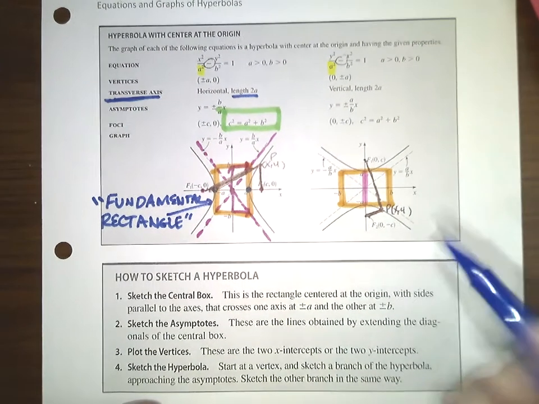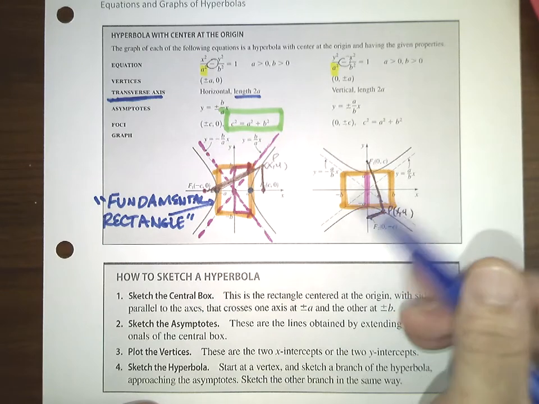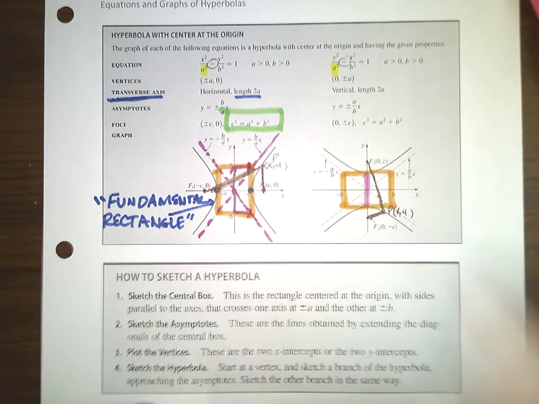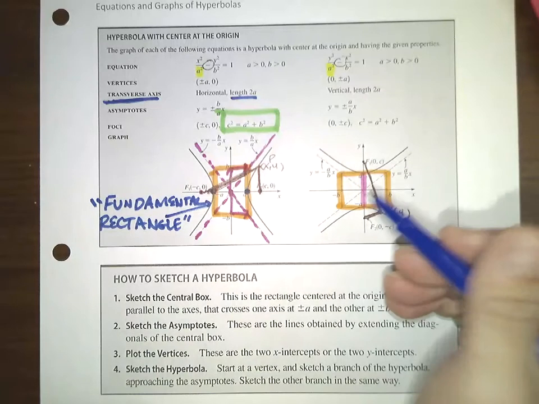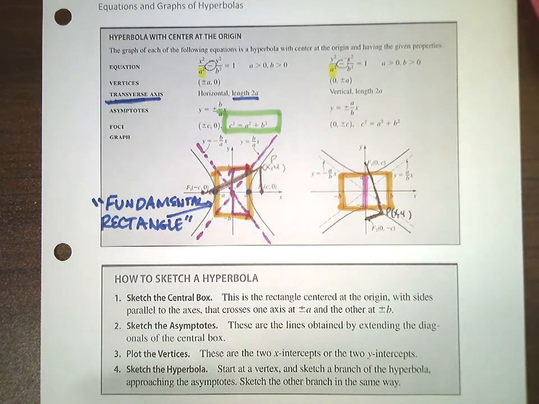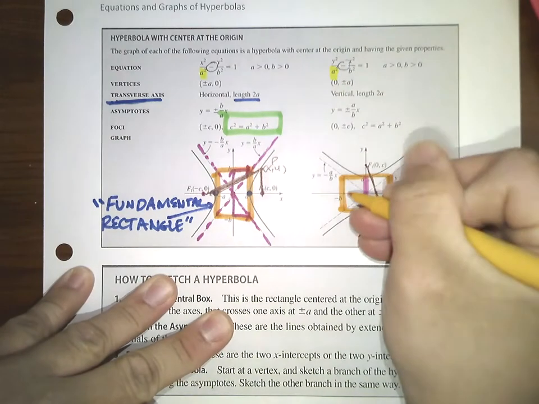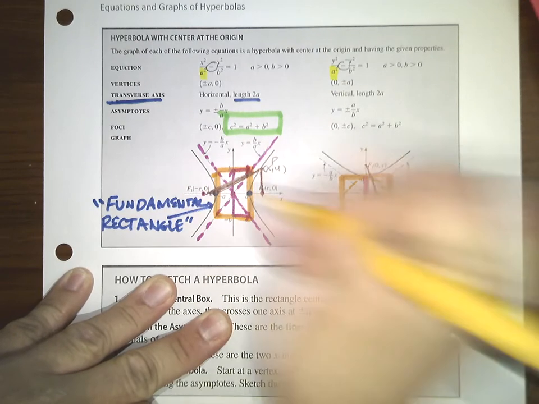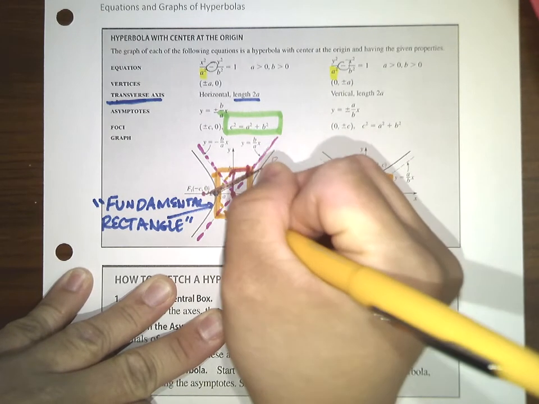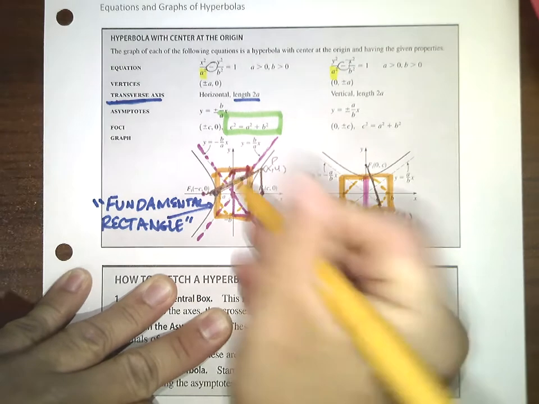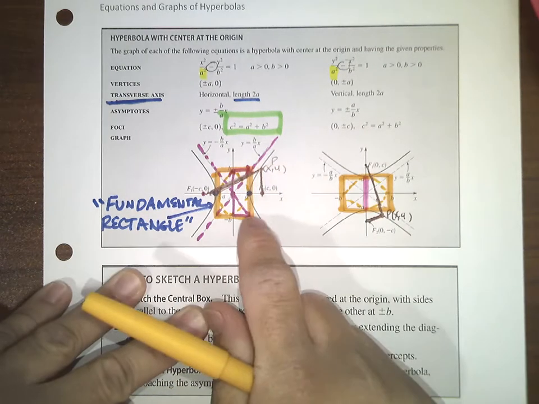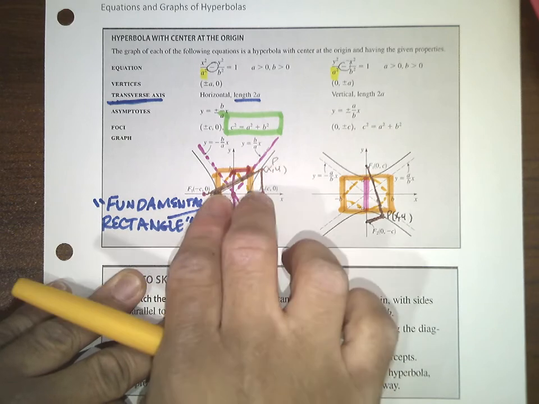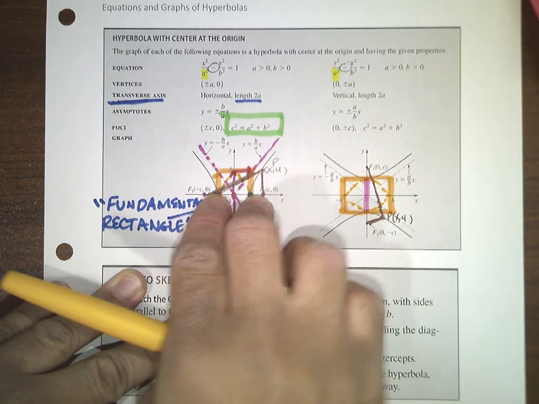All right, so the couple of things that I want to make clear to you is that if you notice here, this is actually the same sort of setup that you would have for an ellipse, but instead of drawing an ellipse like this, this is how we would normally have drawn the ellipses between the A's and the B's. Instead of drawing it as an ellipse, you draw a rectangle, and then the A's are the vertices.